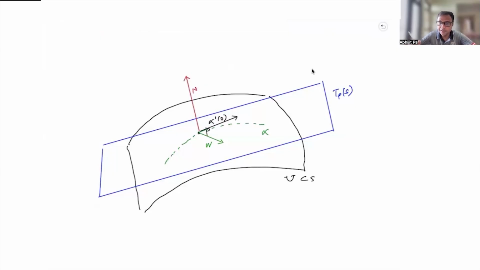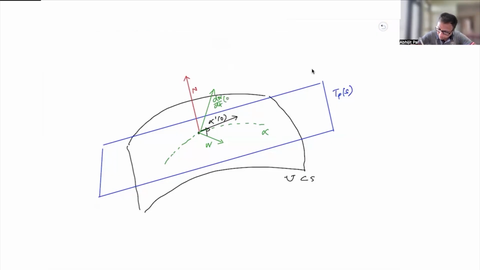And now we are taking the derivative of this vector field capital W. So suppose small dW/dt, it will be a vector in R3.